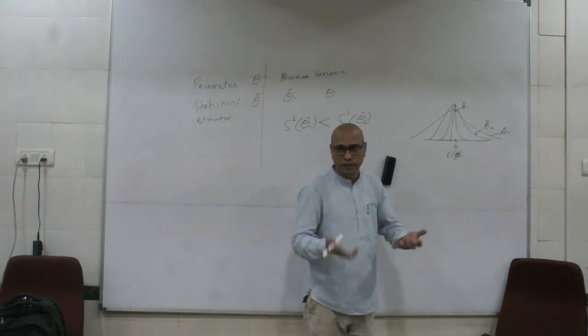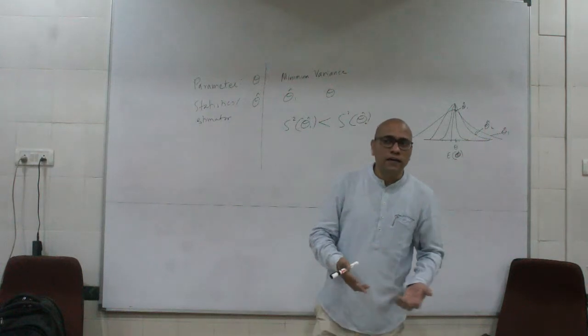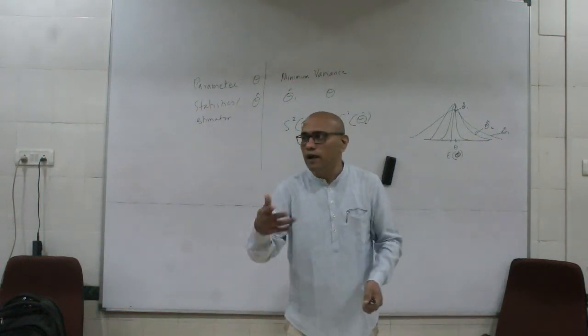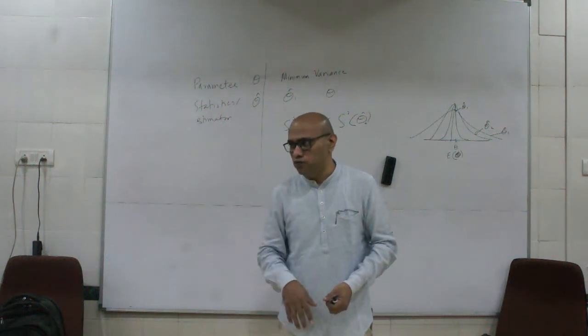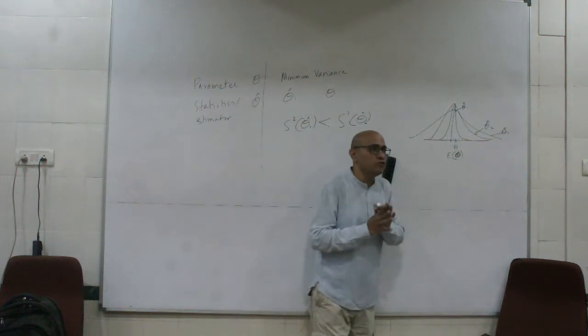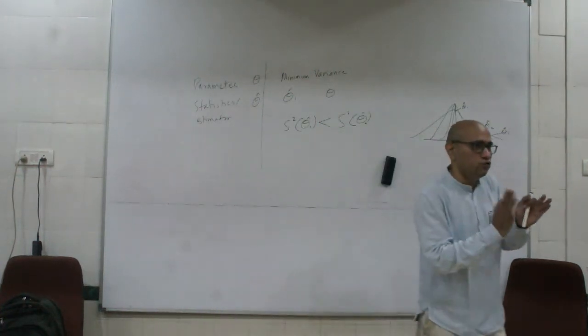They would be around theta, right? My sample mean can never be the population mean. It will be a value higher than or lower than the population mean. Okay, and so I want values that are closer to the population mean.